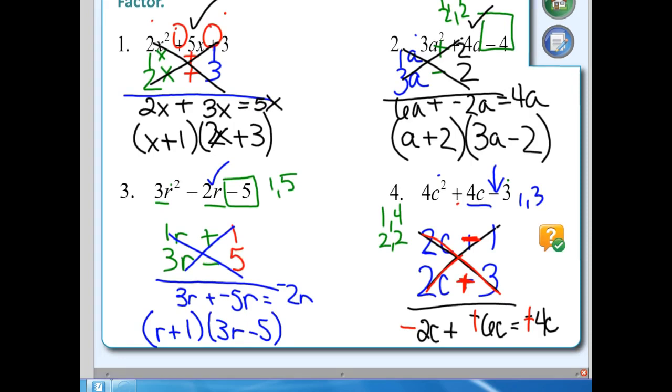And so now, my final answer here would be, I'm running out of room, let's put it here at the bottom. We would have 2c minus 1, 2c plus 3. Okay, so X factor helps us check, to make sure we have the right factors in the right place with the right sign.